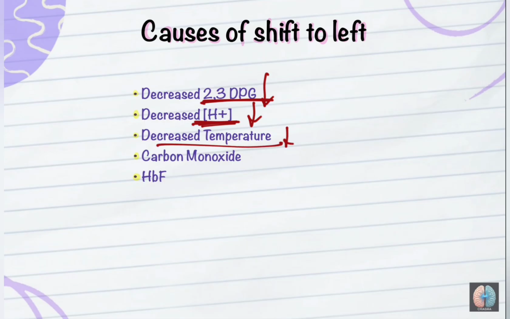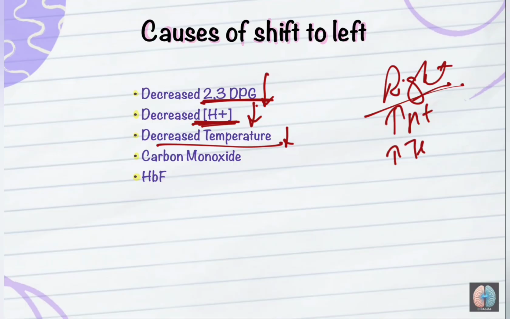Just the opposite of what happened then the shift to the right. Okay, just the opposite of what happened when it was dissociating. Now we need to associate, we need to bind, so just the opposite. In right there was increase in temperature and increase in H plus, and on the left there is decrease in H plus and decrease in temperature.